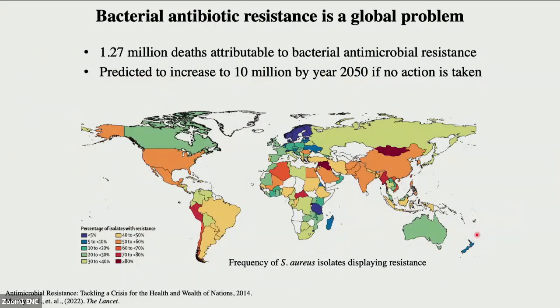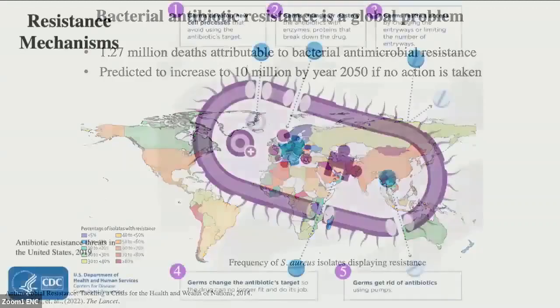The basic idea is that our antibiotics don't work as well as they used to work because of resistance mechanisms. And to highlight the prevalence of drug resistance, this is a world map showing you the frequency of Staphylococcus aureus isolates that display drug resistance. So you can see it's prevalent throughout the world and it's a significant problem.